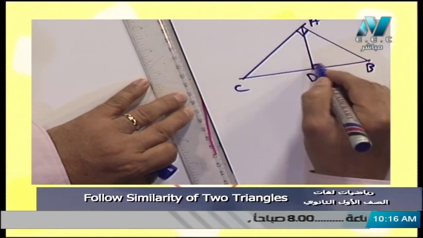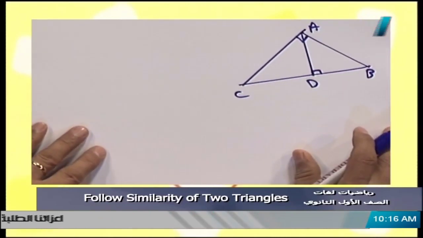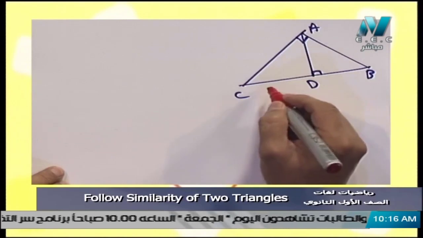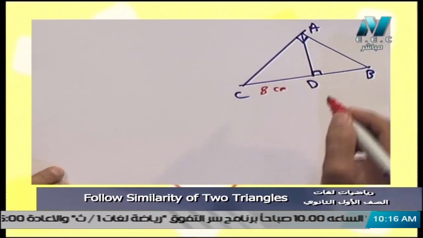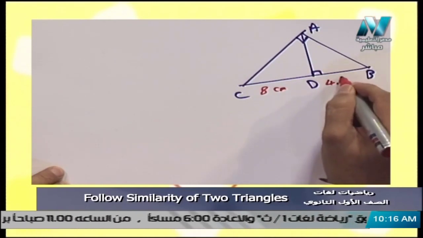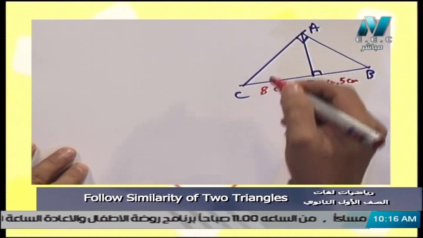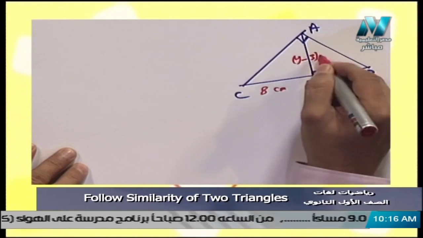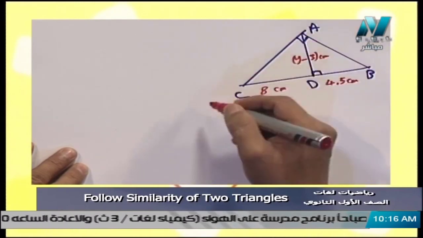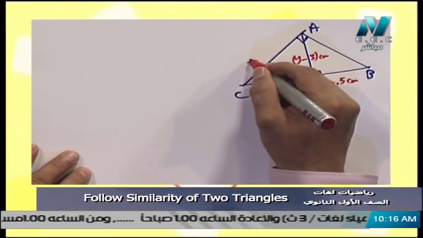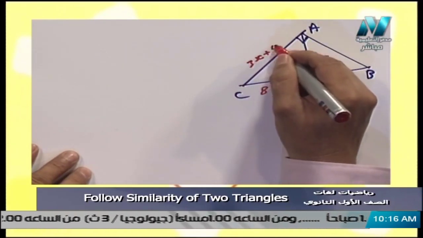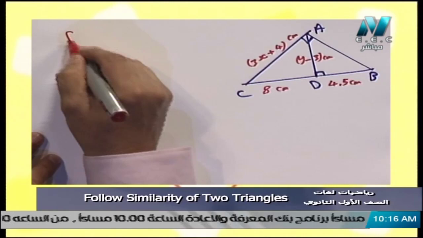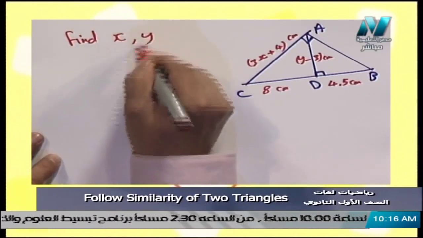Here CD is 8 centimeter length and DB equals 4.5 centimeter length, and AD is y minus 3 centimeter length, and AC is 3x plus 4 centimeter length, and the requisite is to find the value of x and y.